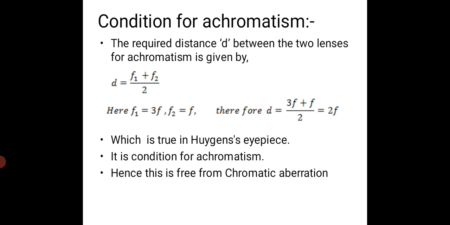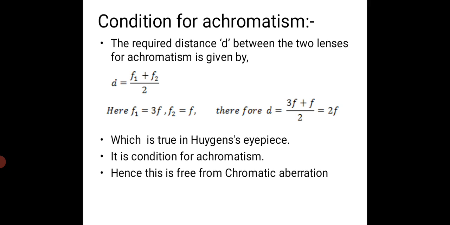The condition for achromatism, as you know, for an achromatic combination of two lenses, if f1 and f2 are the focal lengths of the first and second lens, then the distance should be (f1 plus f2) by 2. Here the required distance d between the two lenses for achromatism in the Huygens eyepiece is given by d equal to (f1 plus f2) by 2, where f1 is 3f and f2 is f.